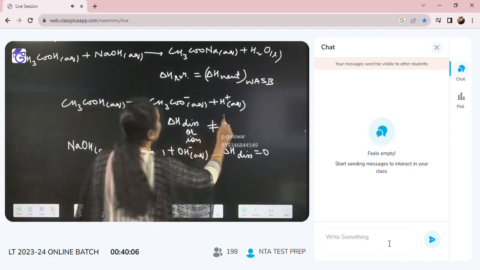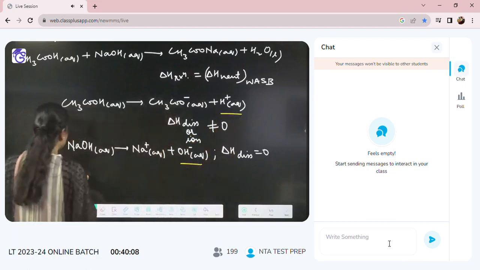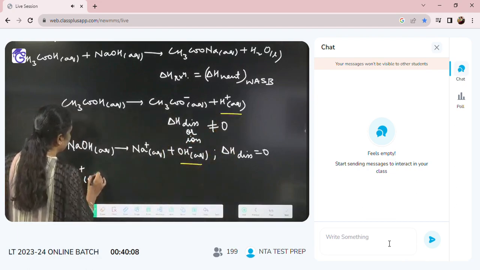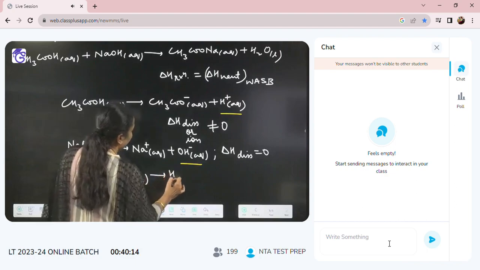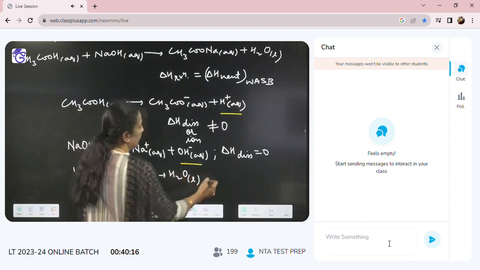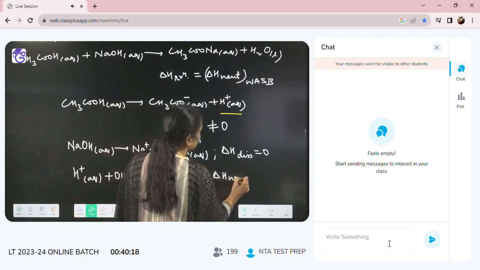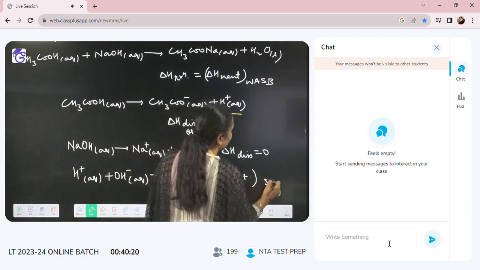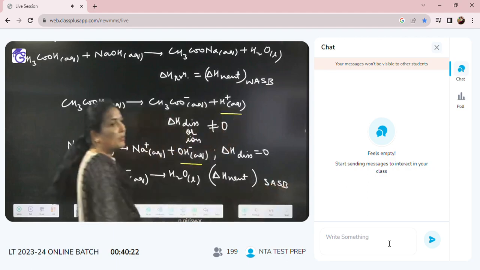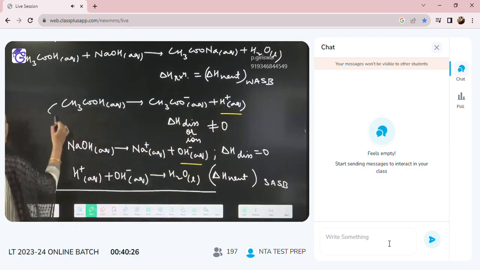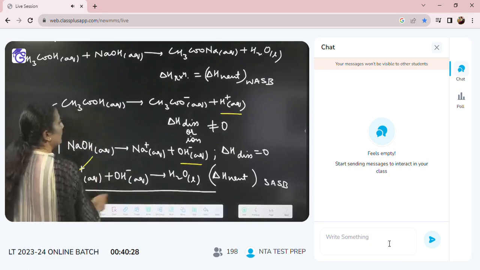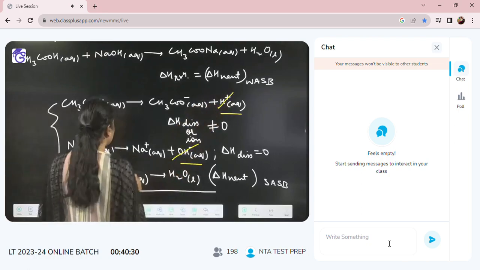Now the moment you have H plus and OH minus in the system, can I write H plus aqueous plus OH minus aqueous giving H2O liquid? And this reaction is telling you the enthalpy of neutralization of a strong acid and strong base. Do you remember we have written that reaction? And if I add all these three reactions, this H plus goes away here, OH minus goes away here.